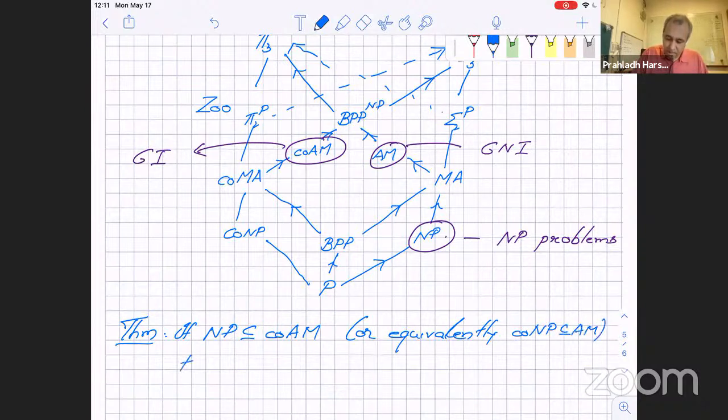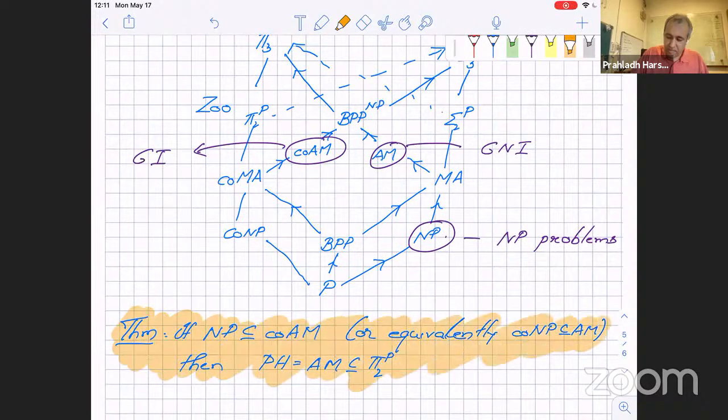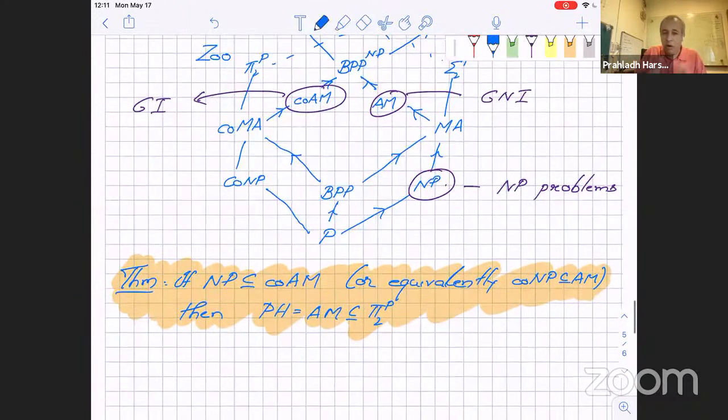I want to claim then the hierarchy collapses, PH collapses to AM, and hence a huge collapse is going to happen. And we already have all the ingredients for the proof of this. So let's just look at the proof.